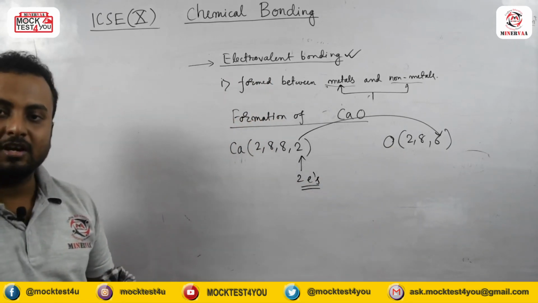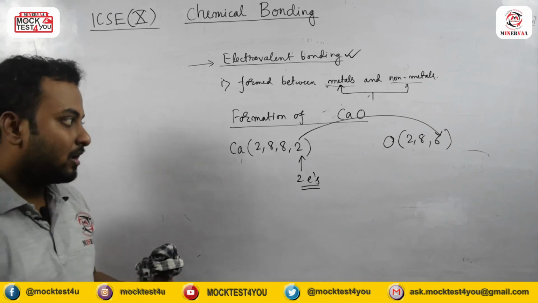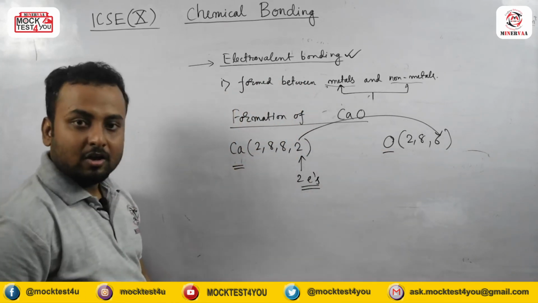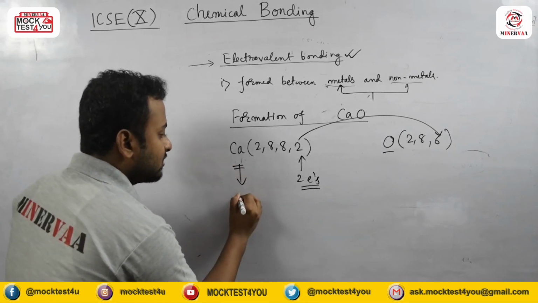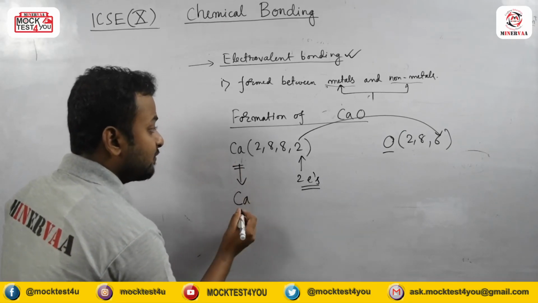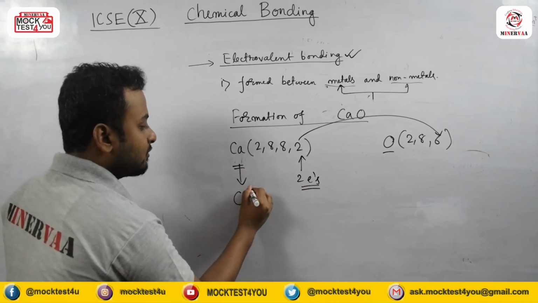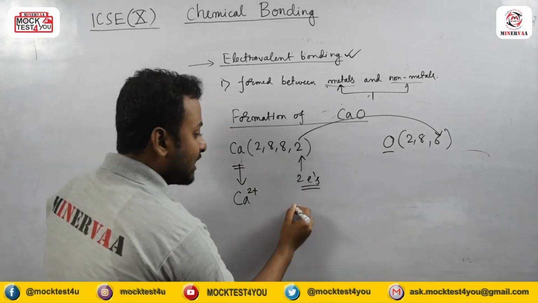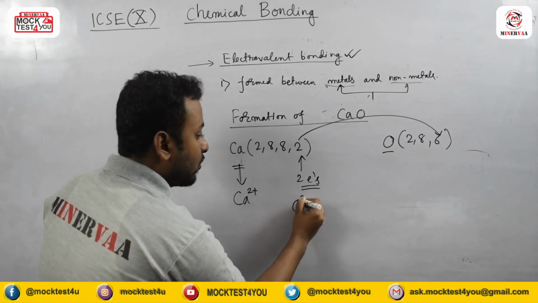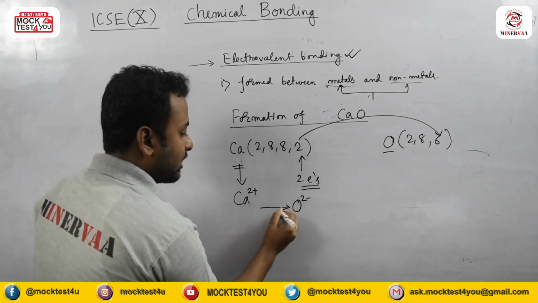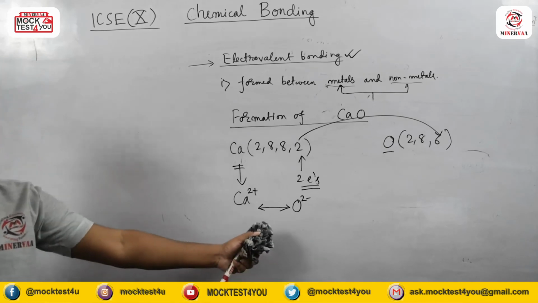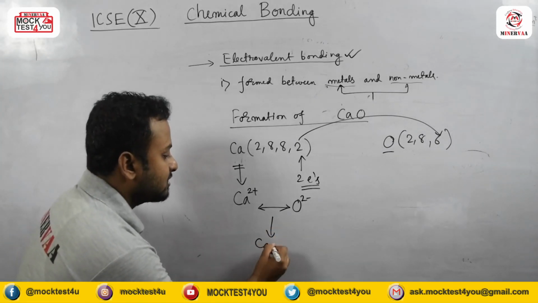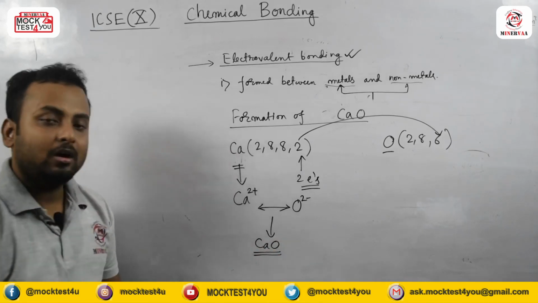The bond formation takes place via both species attaining stability. When calcium gives out 2 electrons it will be converted to Ca2+, and when oxygen receives 2 electrons it will be converted to O2-, and there will be a force of attraction between them, so they will come close and CaO will form.